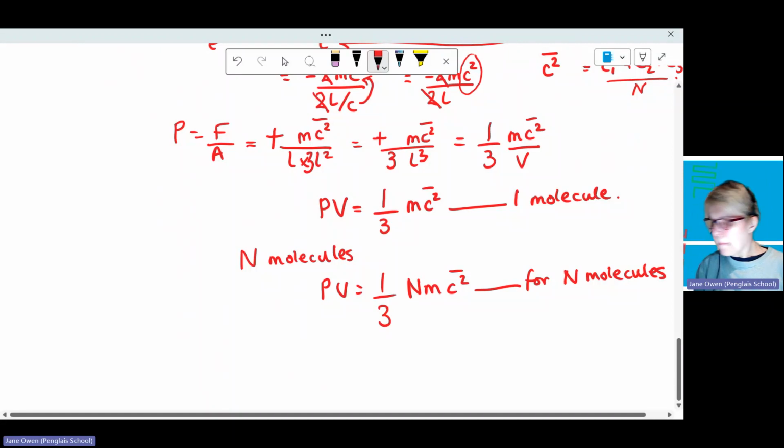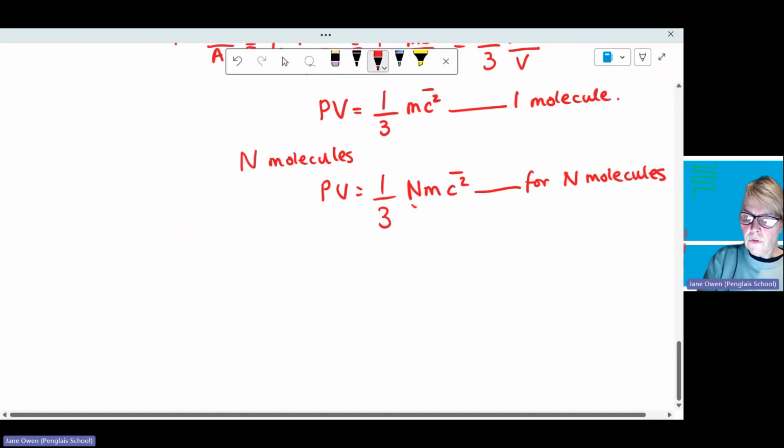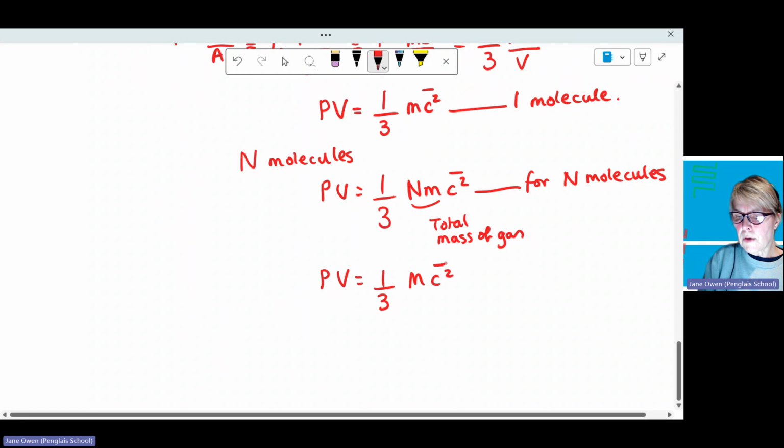But nm is the total mass of the gas. So that means that PV equals 1/3 m mean square speed, where that is the total mass of the gas.